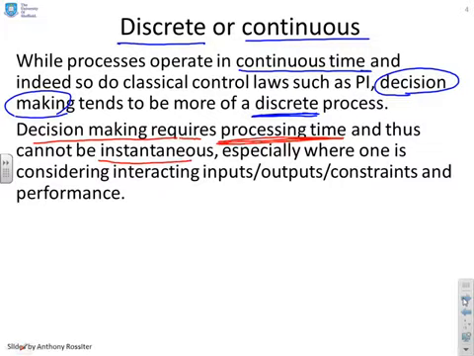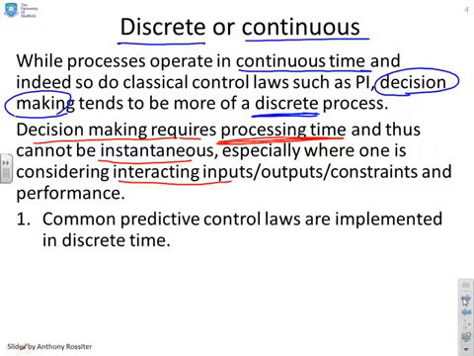And if you think about the context of predictive control, you might be dealing with a multivariable system which has interacting inputs and outputs, constraints, performance, and in order to handle all that information and come up with a decision, it cannot be done instantaneously. And therefore, this is what you end up with. Common predictive control laws are implemented in discrete time.